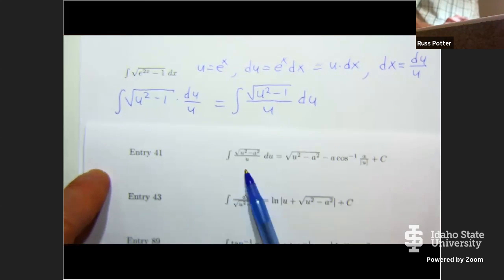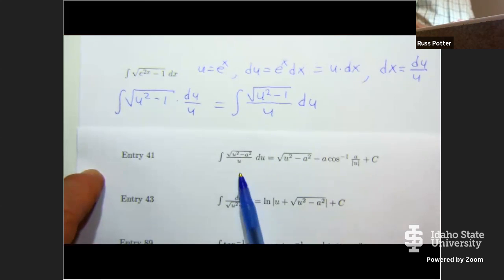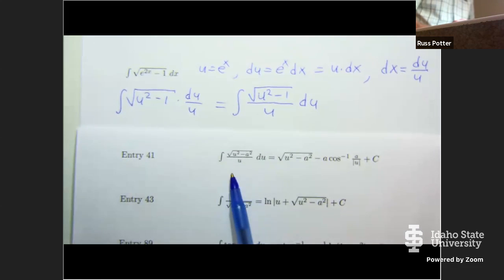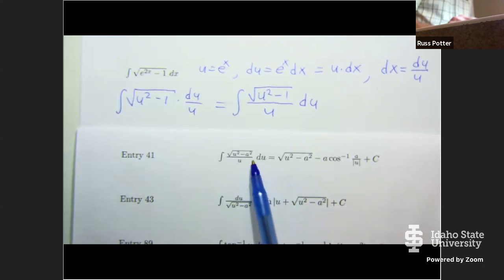So entry 41 is a match. Here we have the indefinite integral of the square root of u squared minus a squared over u. So the value of a is 1.